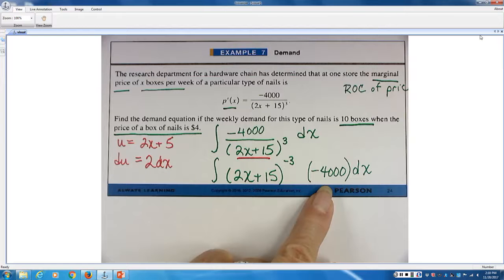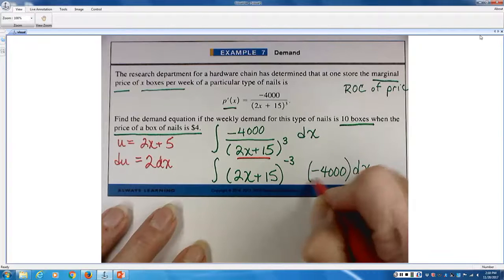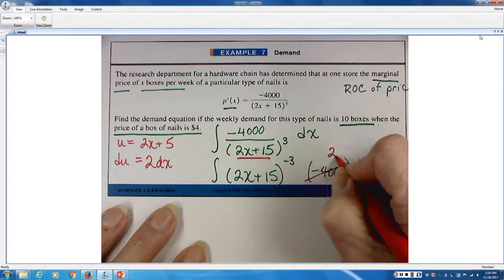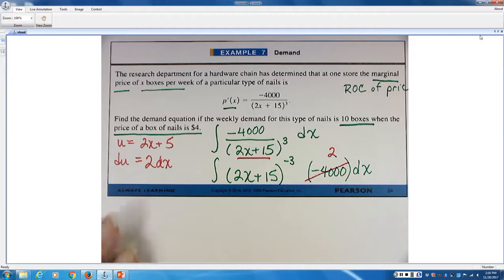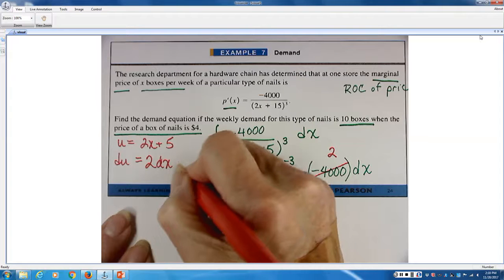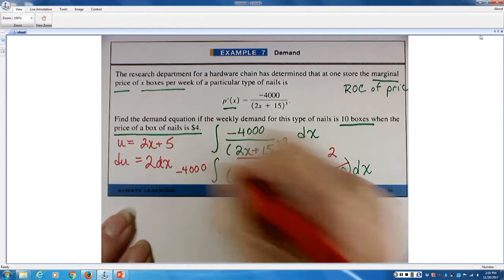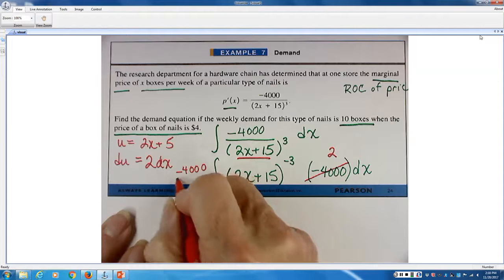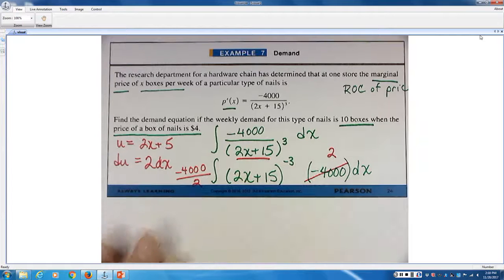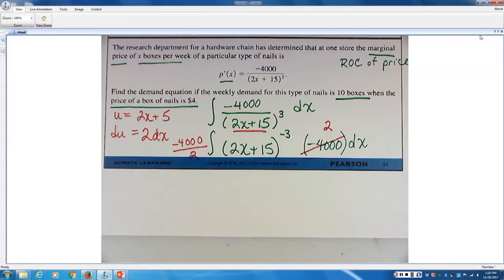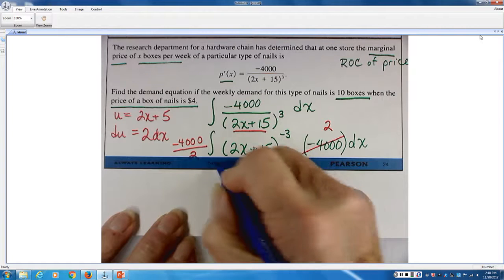So what we need is a multiplier that will take out that 4,000 and leave the 2. So the way that we're going to handle that, we're going to swap out negative 4,000 for the 2, and on the outside we're going to pull the negative 4,000. And since we multiplied this by 2, we're going to divide this side by 2. So that means our actual integral looks like this.